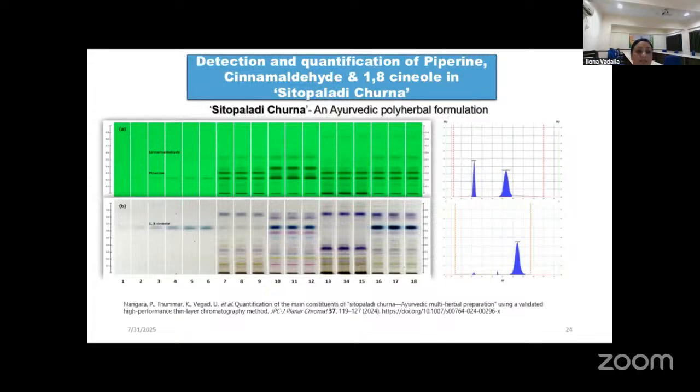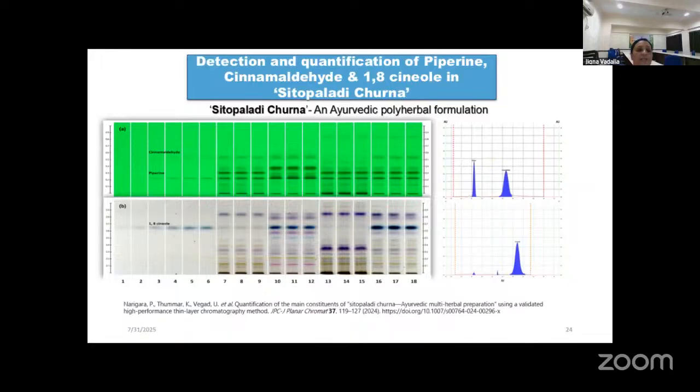Among these 3 marker compounds, piperine and cinnamaldehyde are visible at 254 nanometer because their lambda max is around 270, and then 1,8-cineol is a monoterpenoid. And as I said, monoterpenoids do not have any chromophoric group.